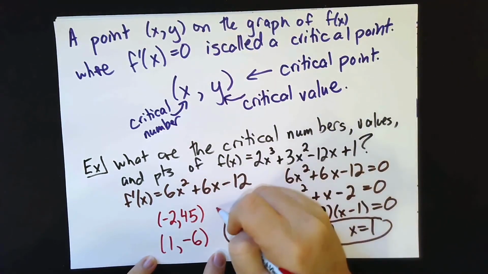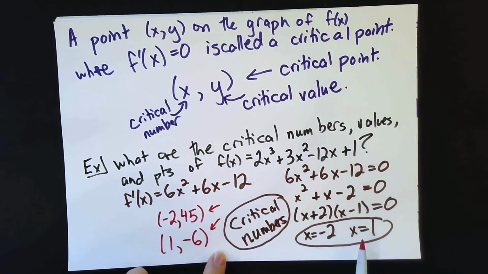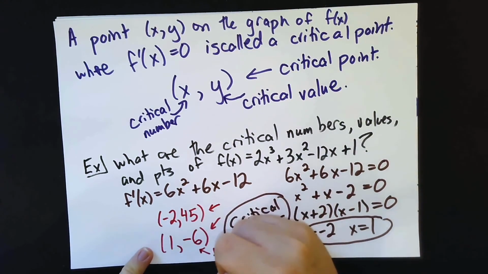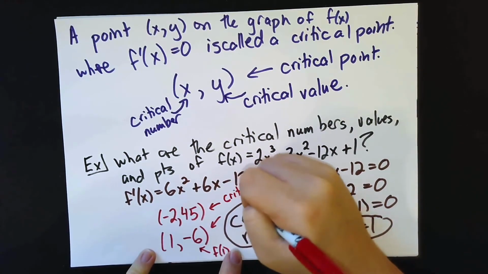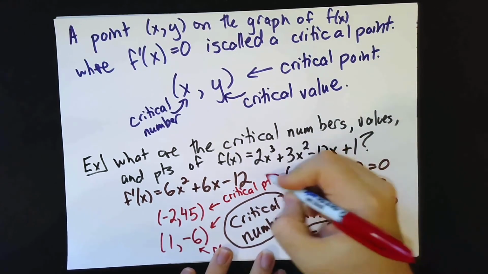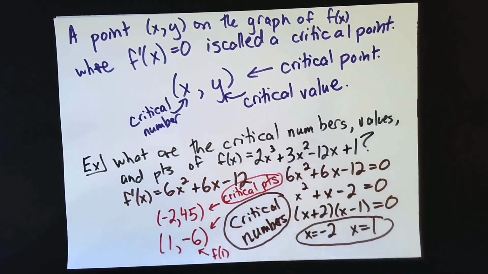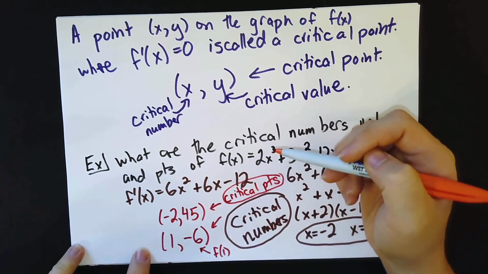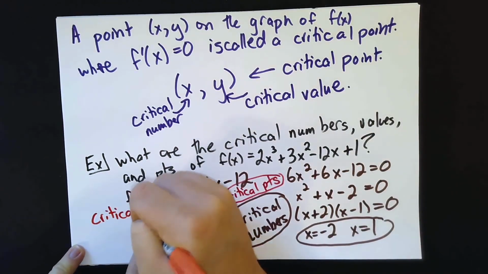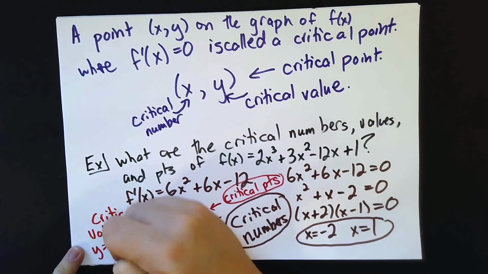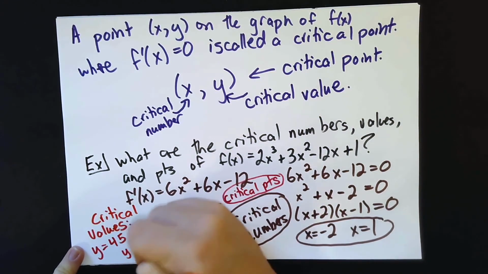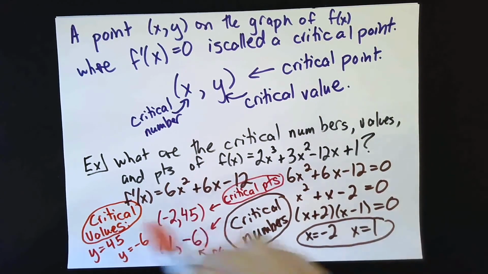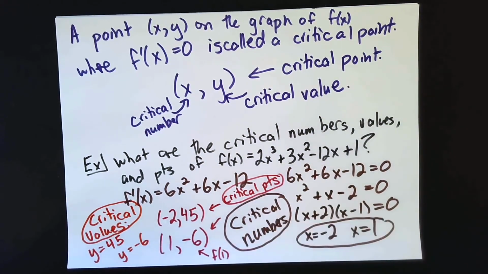These two things that we got by taking our critical numbers and plugging them in the function to give us these coordinate pairs of points, these are called our critical points. Then we'll also sometimes care about the y-coordinates of these critical points, and those are what are called our critical values. And the values in particular are outputs of the function. Okay, so the critical numbers are inputs, the critical values are outputs, the critical points are both.